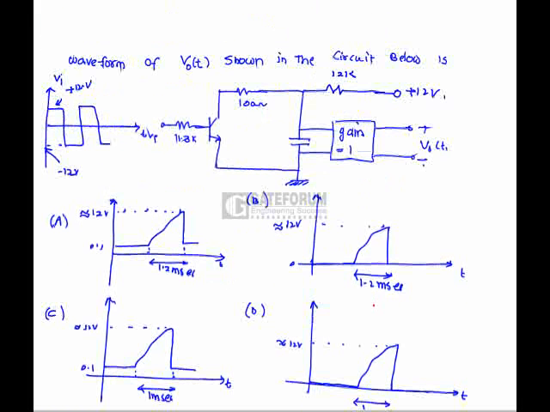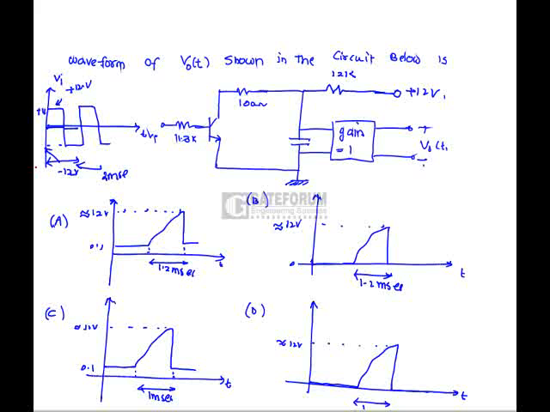Your question is, the waveform of V0 of t shown in the circuit below is. Here the clock duration is 2 milliseconds, means it attains plus 12 volts for the first 1 millisecond and for the next 1 millisecond it takes minus 12 volts.